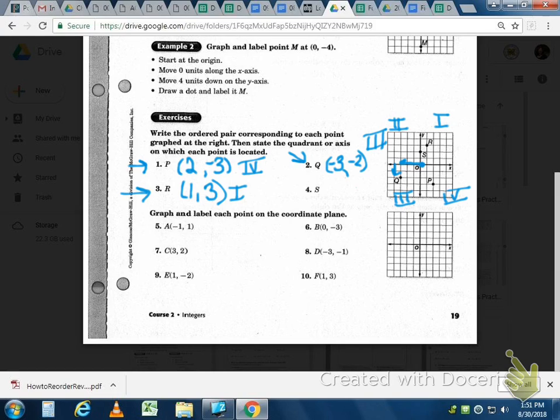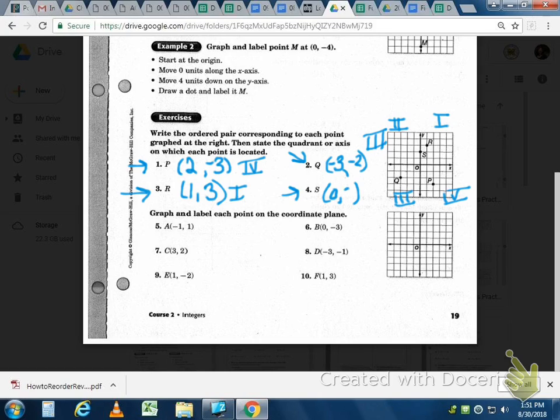Okay, now the 4th one is point S. Caden? You go over 0 and you go up twice, and it is located in quadrant number 1. Okay, now hold on. So you said the ordered pair was 0, and then what?